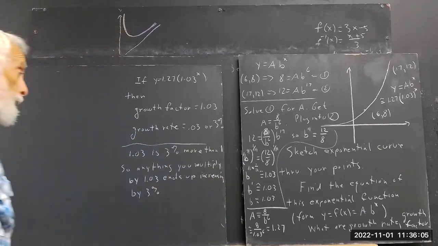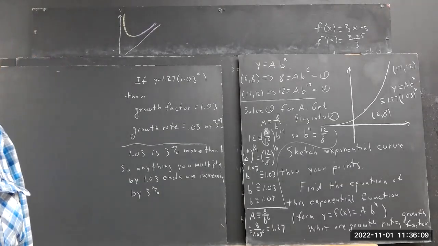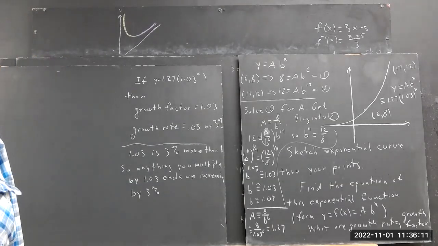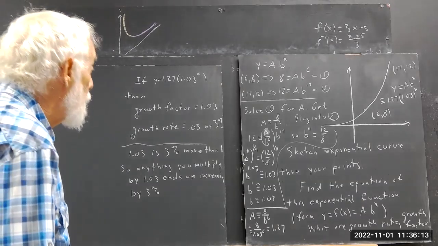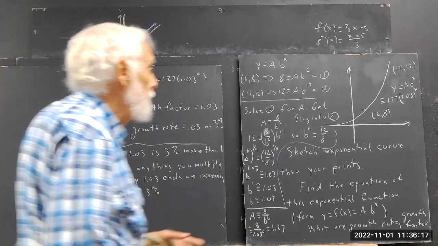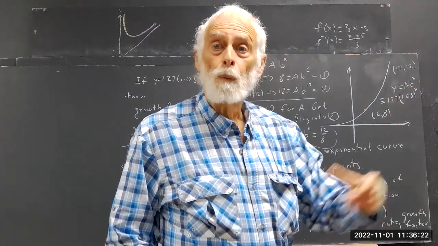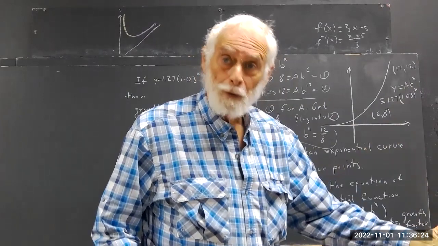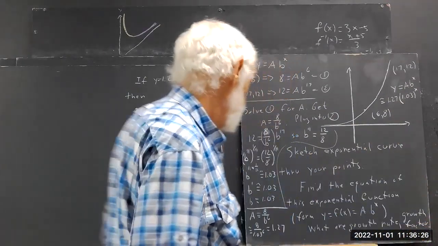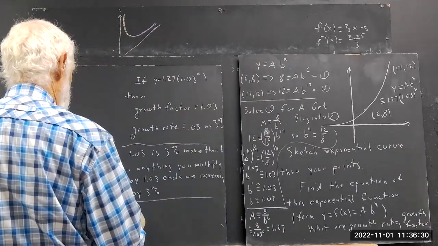So anything you multiply by 1.03 ends up increasing by 3%. Every time X increases by 1, you multiply by 1.03 another time.